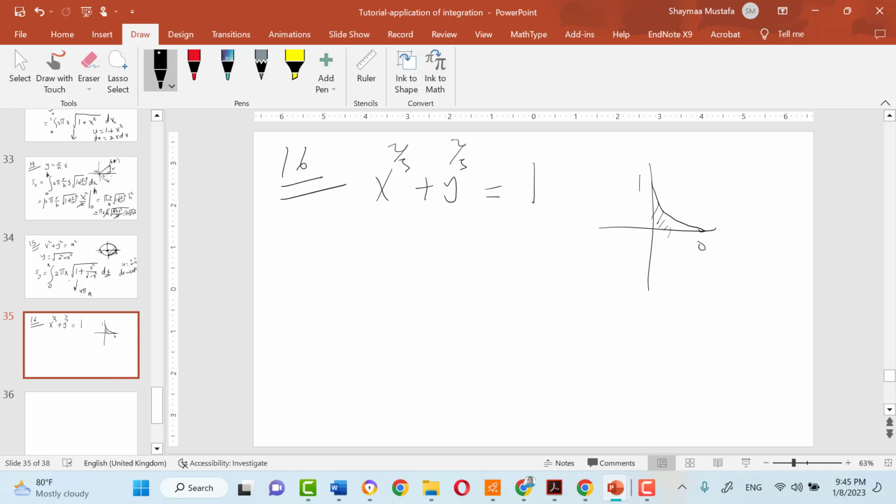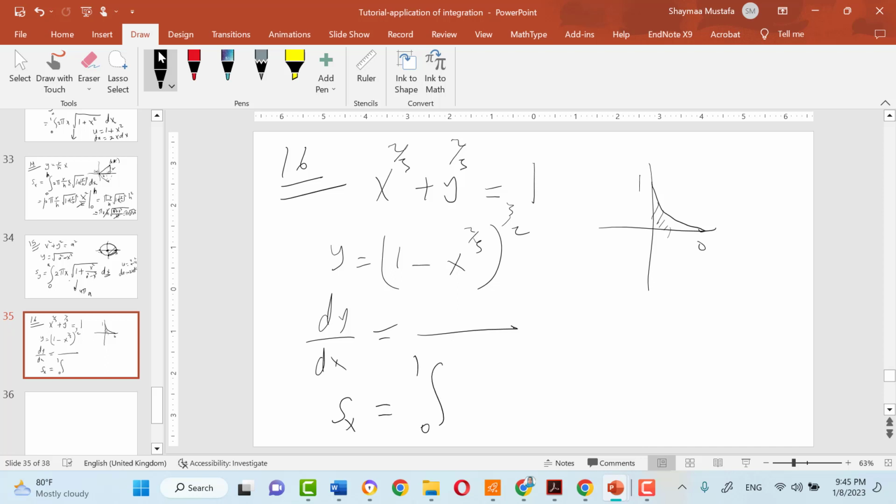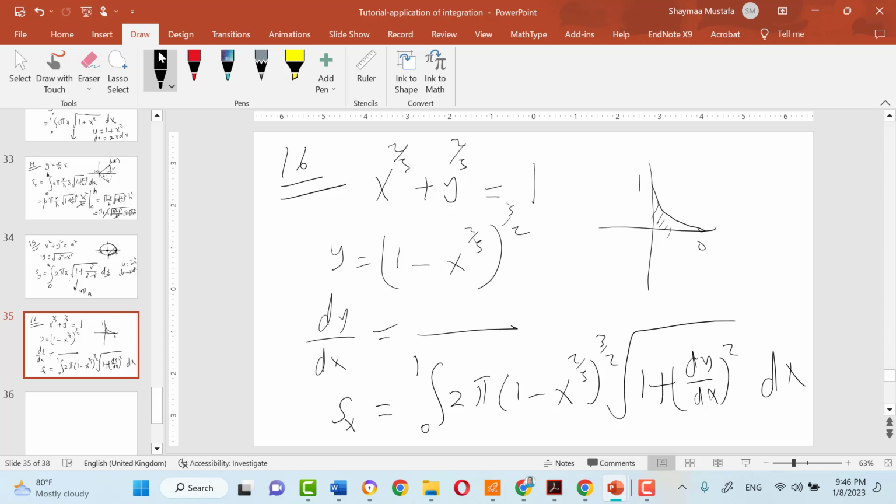Y is (1 minus x) to the power 3 over 2. So you need to find dy over dx, similar to question 6, and then use the formula for rotation around the x-axis from 0 to 1: 2 pi f of x, square root of 1 plus (dy over dx) squared, dx. So this one is similar to question 6.